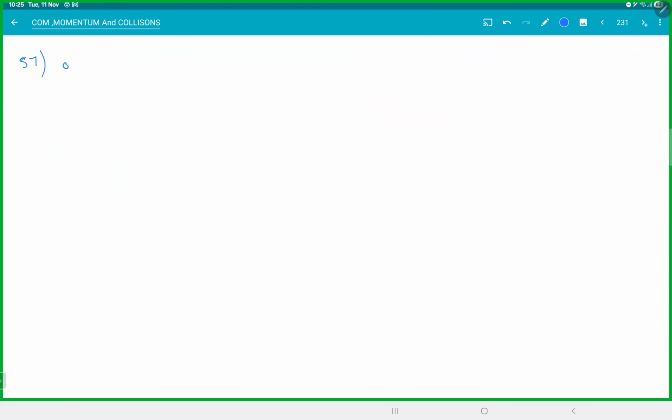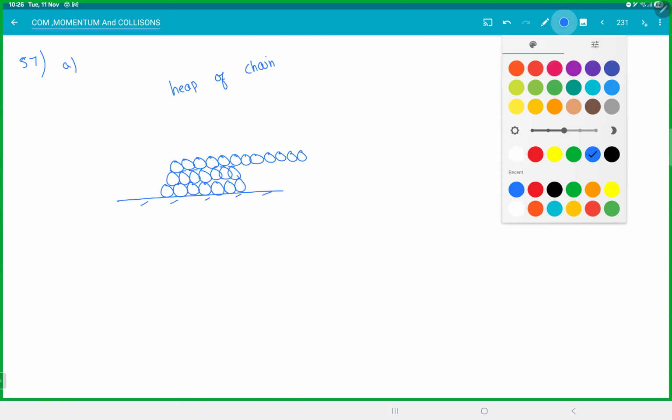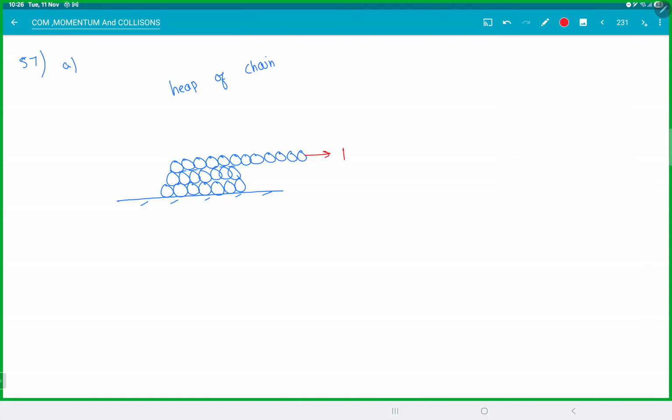Chain problems. So let's say we have a heap of chain. So here we have a heap of chain. Someone is pulling this chain outside with a constant speed v.